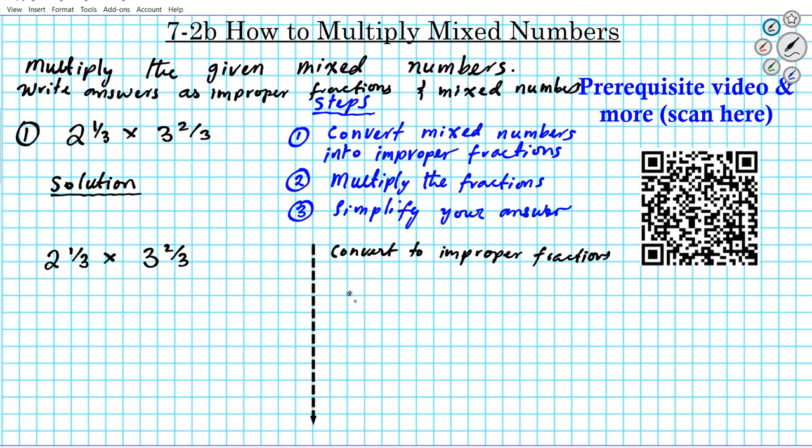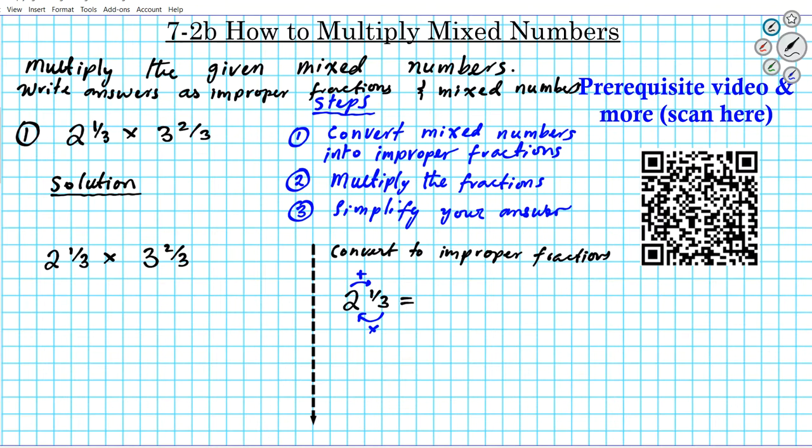Alright, so the first number is 2 1/3, so you'll hopefully remember the steps to do the conversion. You take the denominator multiplied by the whole number, and then you add that result to the numerator of the fraction, and that number divided by the denominator will be your improper fraction.